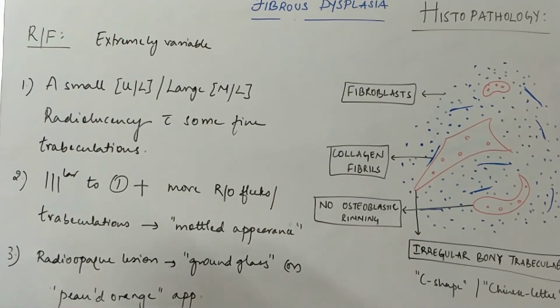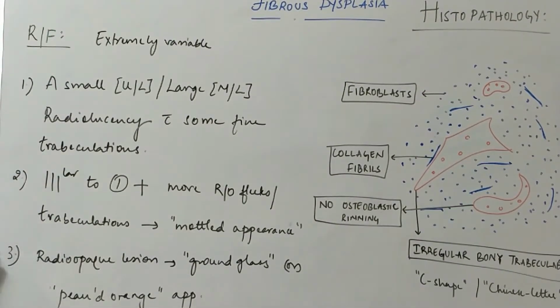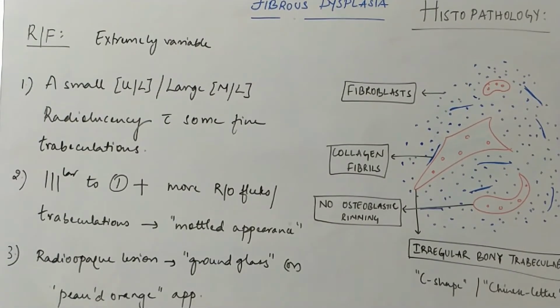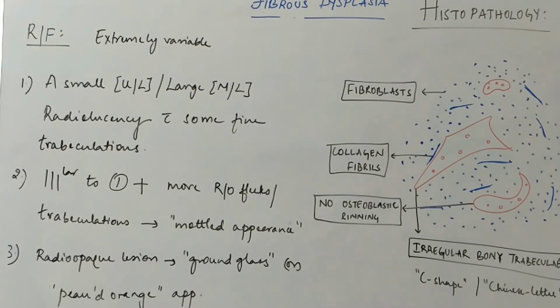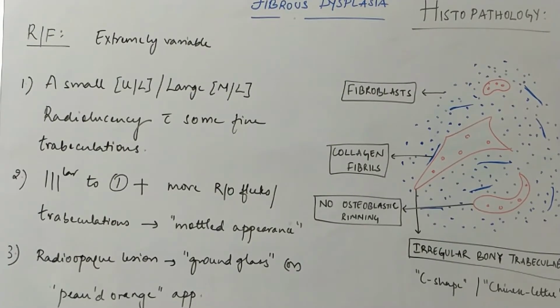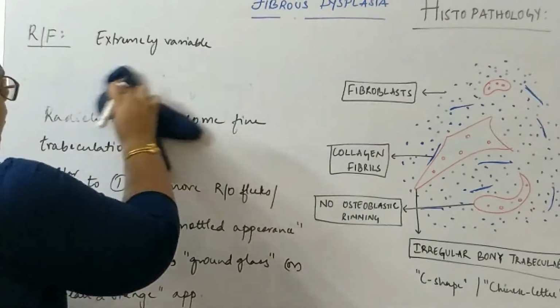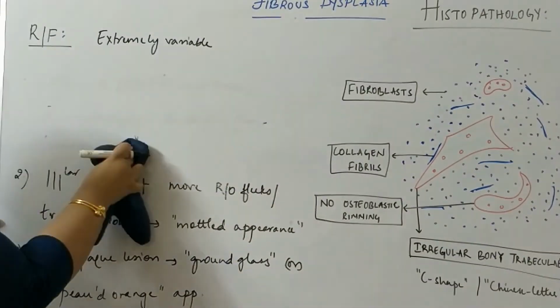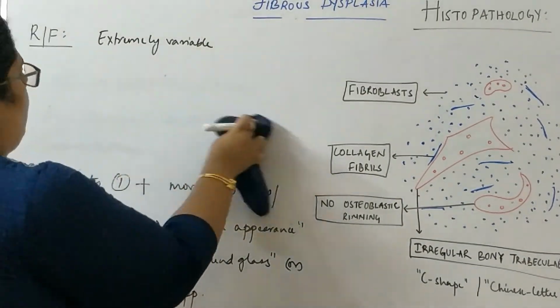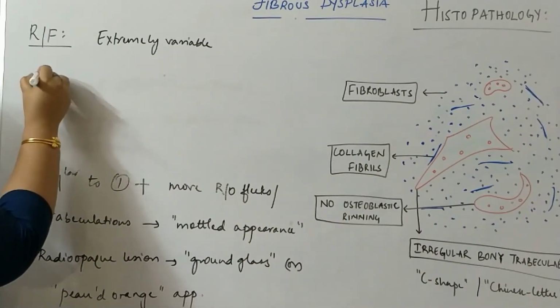Now, be it any stage, there is one thing which is common in all these stages of fibrous dysplasia that you see on the radiograph, and that is that it is not a well circumscribed lesion. Very, very important, and again characteristic of fibrous dysplasia.